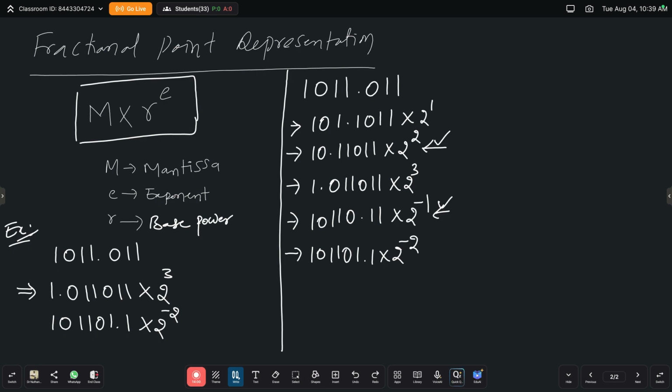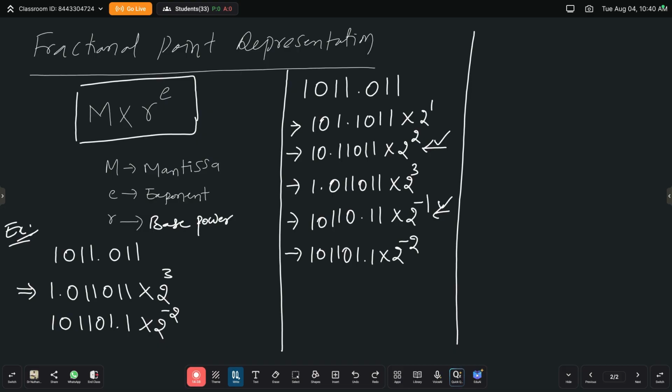is used instead of using multiple types of decimal point position representation.